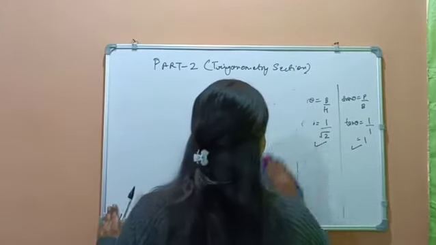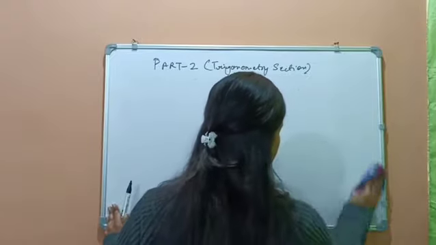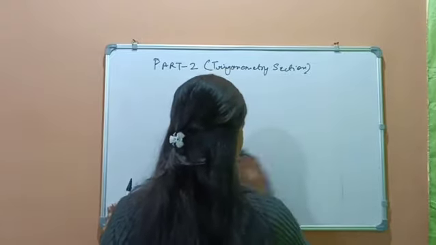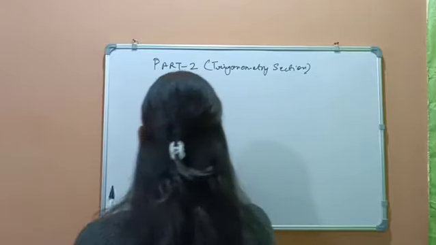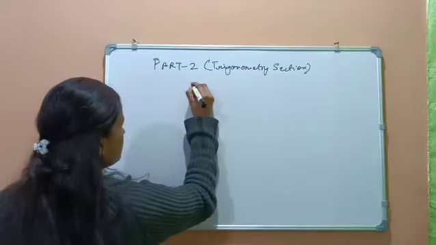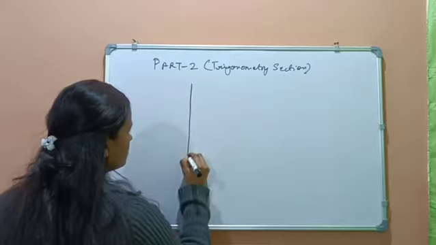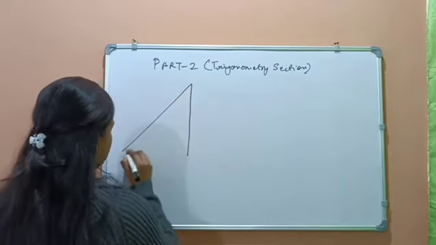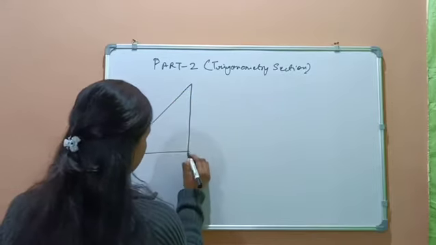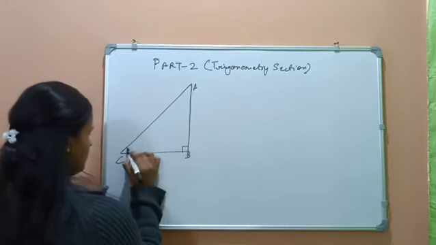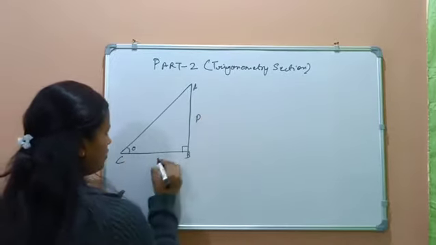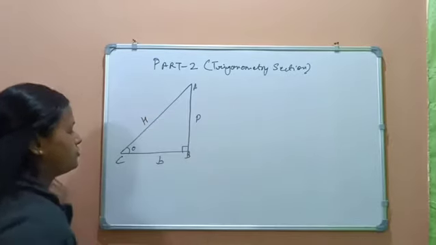Now let me prove for 90 degree. So this is your right angle triangle. Clear? And this is your theta, perpendicular, base and hypotenuse.